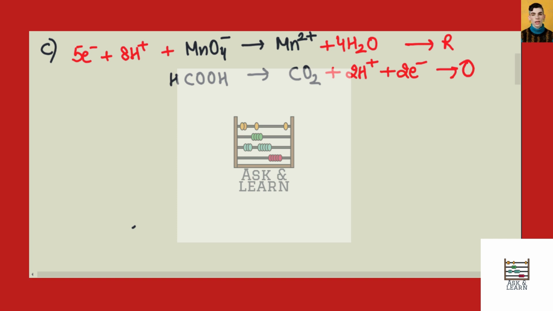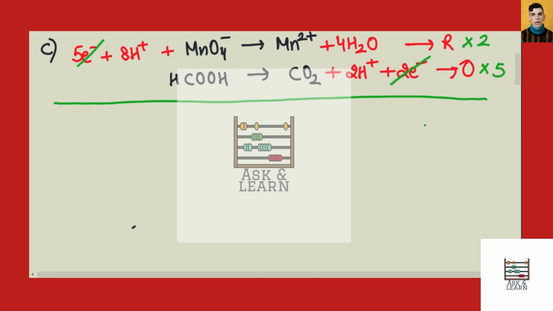Now we add the two equations. We cancel out the electrons, so we multiply the first equation by 2 and the second equation by 5.